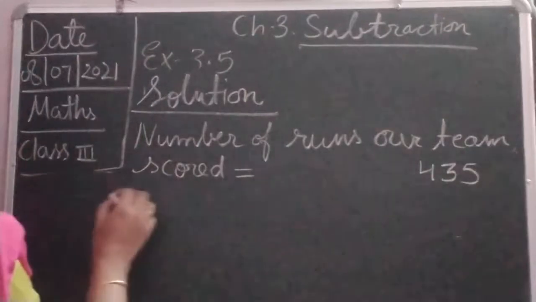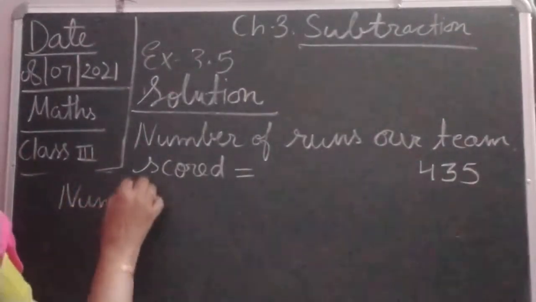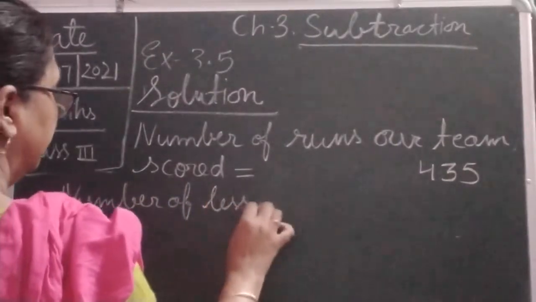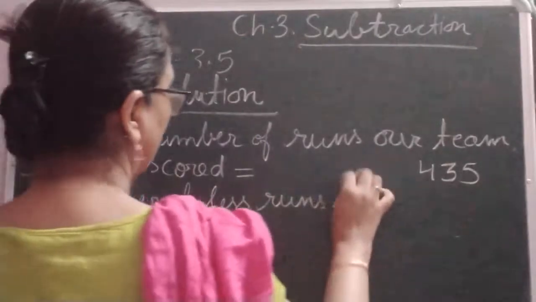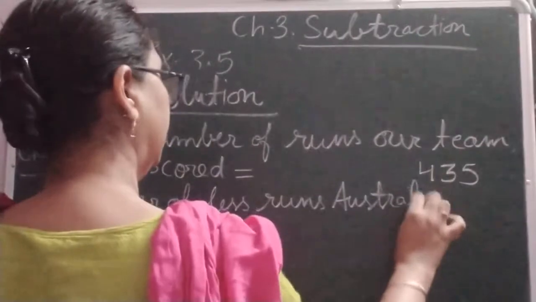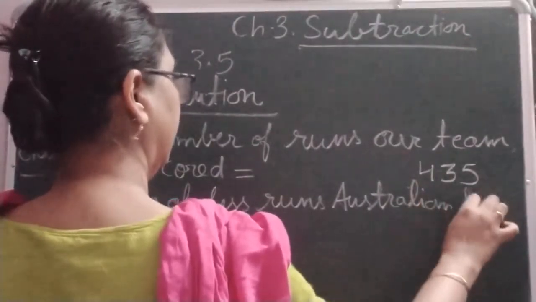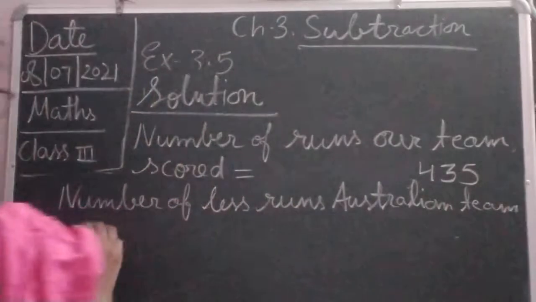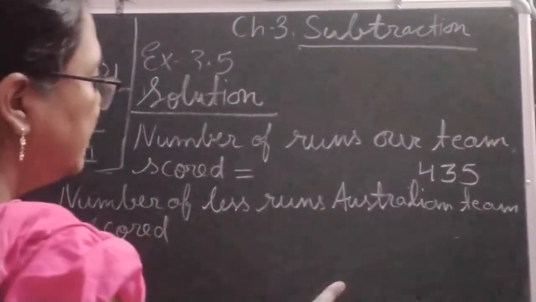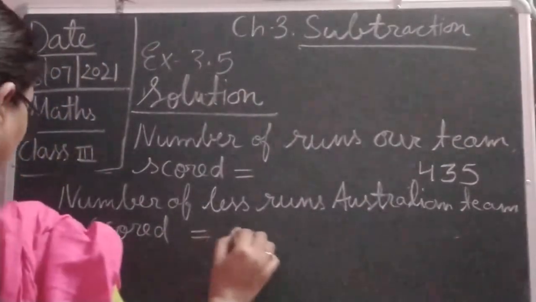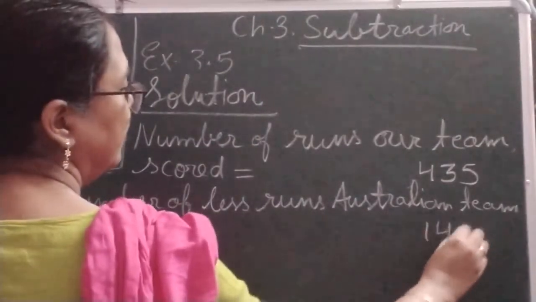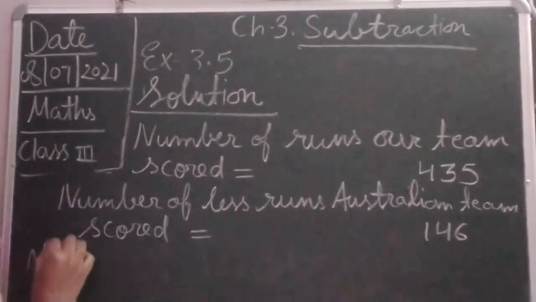Number of less runs the Australian team scored is equal to 146. 146, children.